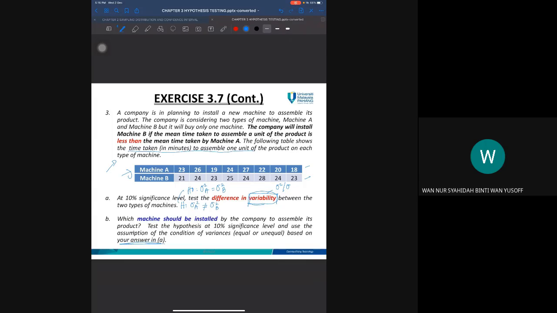Okay, so back to here. The company will install machine B if the mean time taken to assemble a unit of the product is less than the mean time taken by machine A. What does it mean? What parameter do we need to use here? Mu. Mean is mu. So what is the hypothesis here?